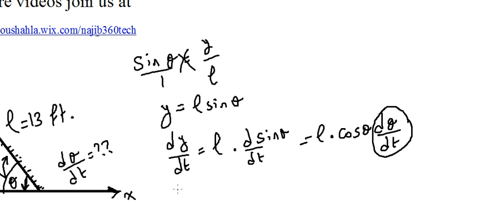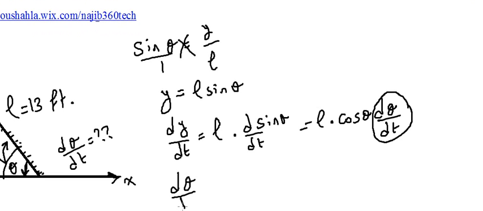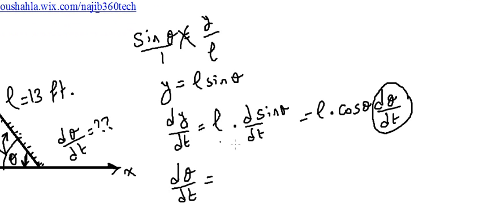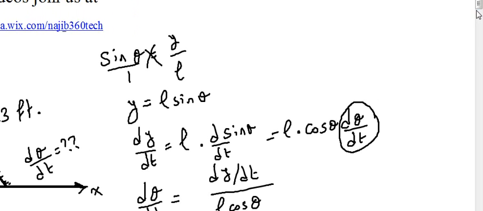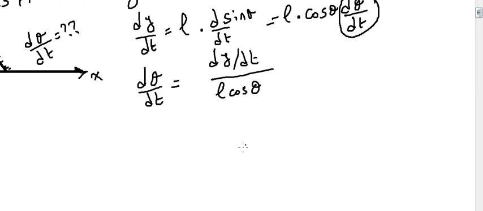So d theta/dt equals dy/dt over L times cosine theta. Now, L is equal to 13 feet, that's given, but we don't know cosine theta.